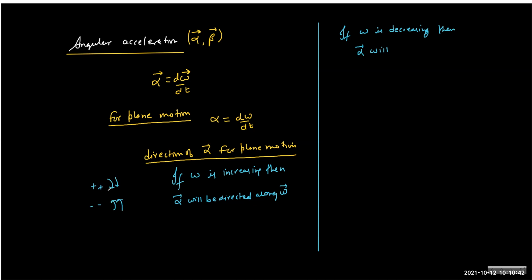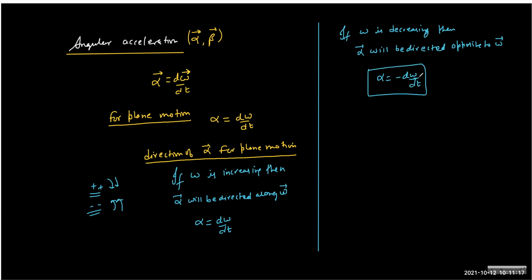It's like acceleration and initial velocity: if they have the same sign, we call it accelerated motion. If they have opposite signs, we say decelerated motion. So if omega is decreasing, then alpha will be directed opposite to omega. In the first case we write it this way, but in the second case we write it with a minus.